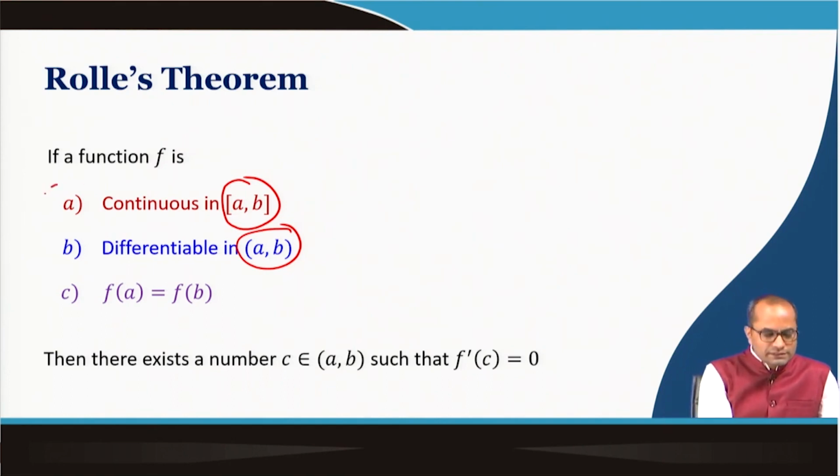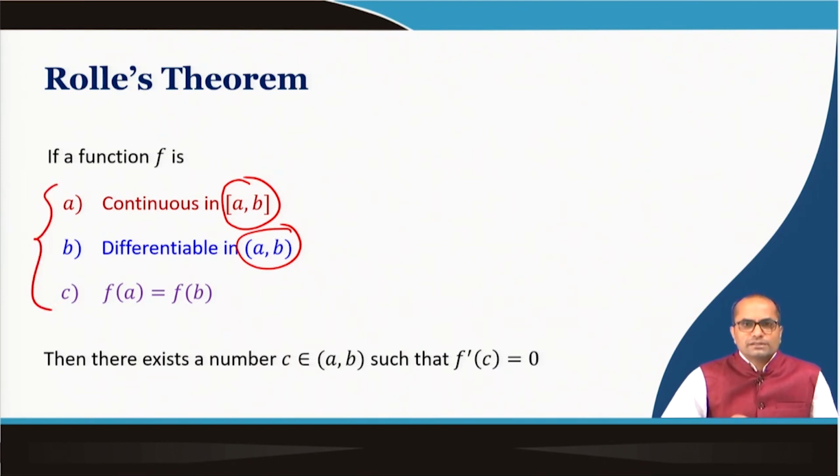But if these 3 conditions are met, then there exists a number c in the open interval a b such that the derivative of the function at this point c is equal to 0, or the tangent at this point c will be parallel to the x axis. This is the meaning here. So, this theorem says if these 3 conditions are met, what are these 3 conditions?